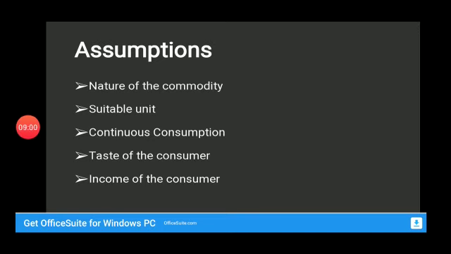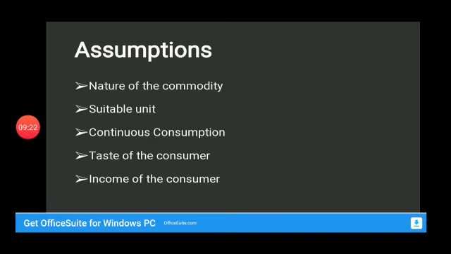What it says is that this law will be applicable only if a consumer is consuming with the help of a suitable unit. For example, a thirsty person is drinking water with a spoon. Then the first spoon has a utility.